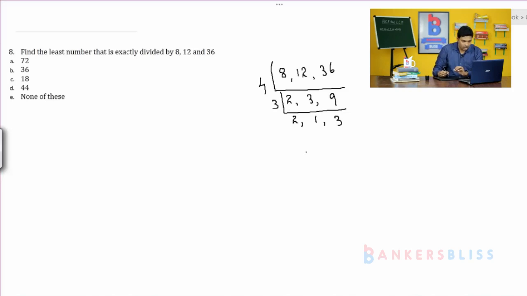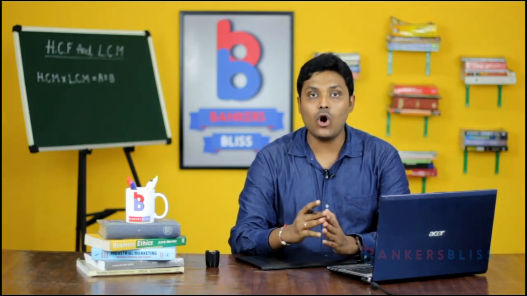Next, your LCM will be 4 into 3 into 2 into 3. 3 2s are 6, 4 3s are 12, 12 6s are 72. So, 72 is the LCM, and option A is the right answer.